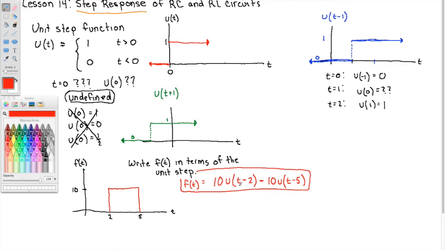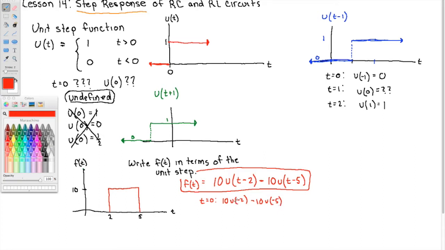And let's plug in some values of t to see if that's correct. Okay? So, for example, let's let t equal 0. Okay, at t equals 0, we have 10 u of minus 2 minus 10 u of minus 5.